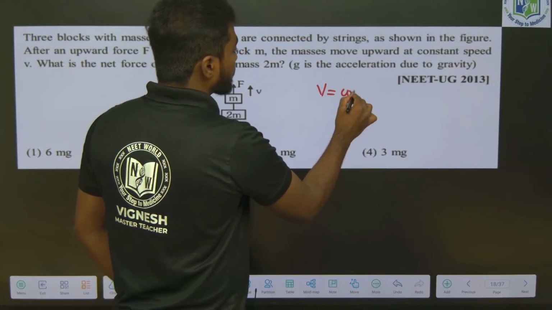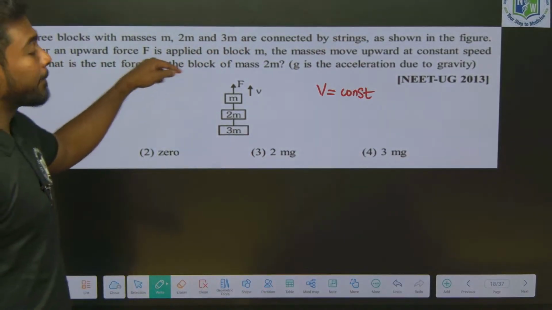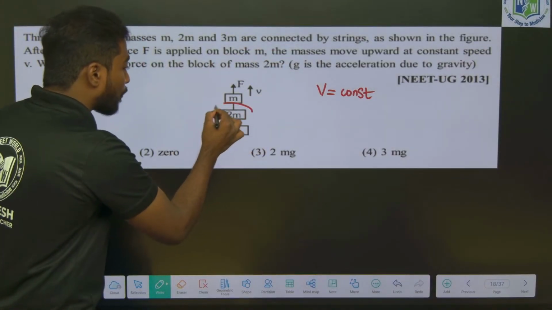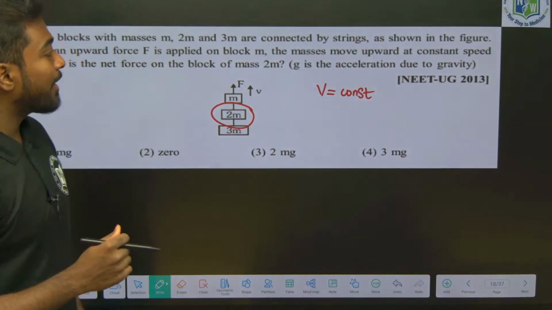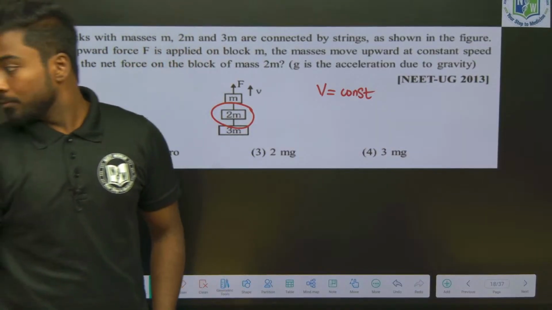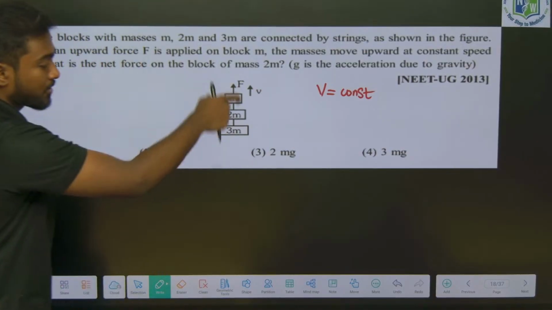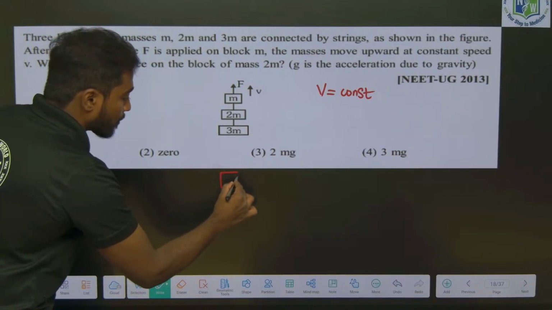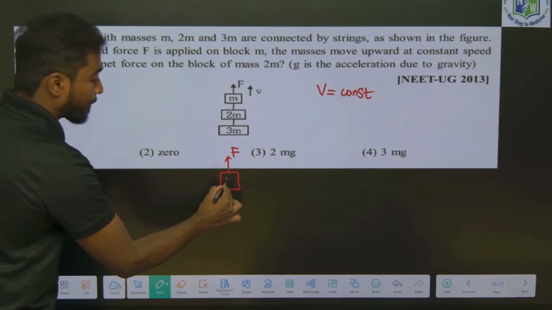Velocity is constant. Now, what is the net force on the block of mass 2m? G is the acceleration due to gravity. Let me first expand this. Now this is force F for mass m.